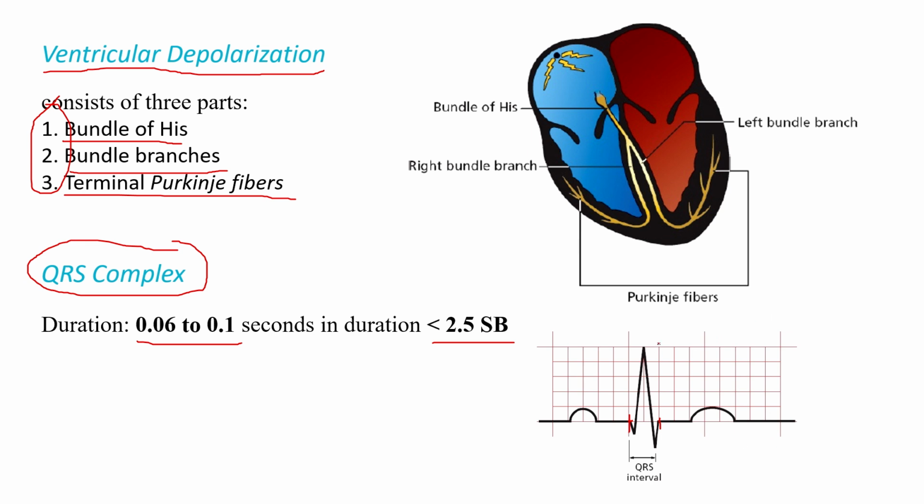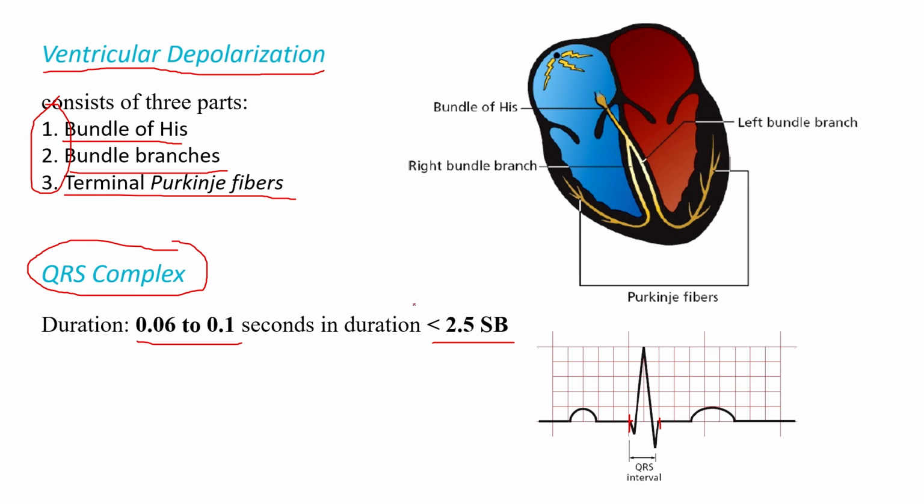Do we talk about the amplitude? Yes, we do, but not normally. When you see an abnormally high QRS complex, then you will think of hypertrophy. But normally we do not count it. It does not give us many high-yield points in interpretation, except for hypertrophy.